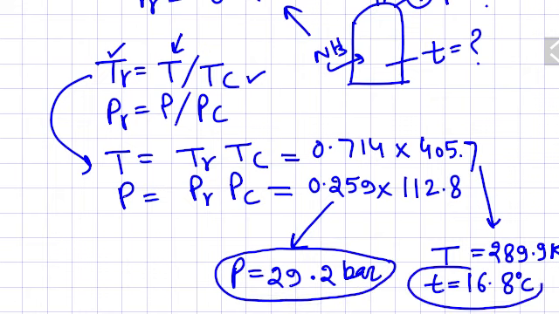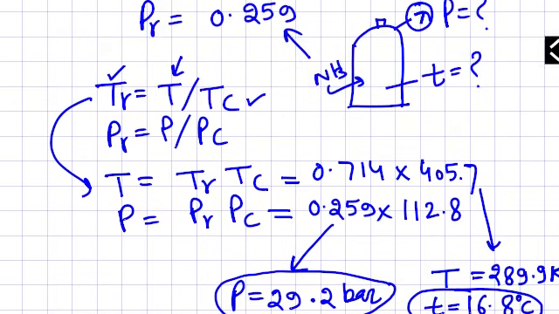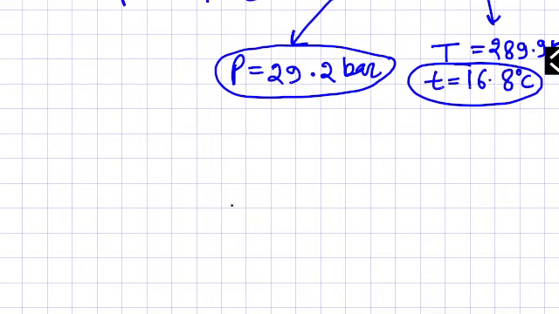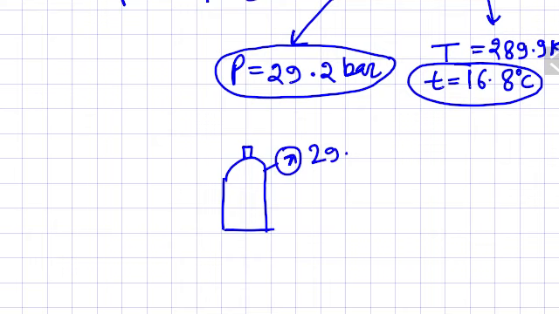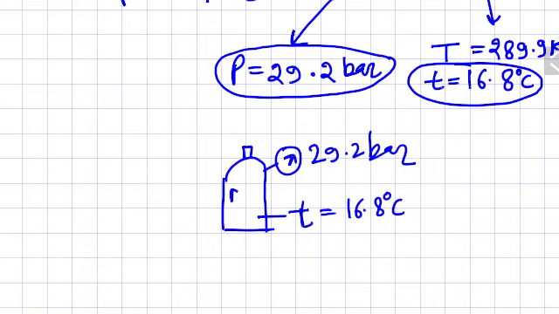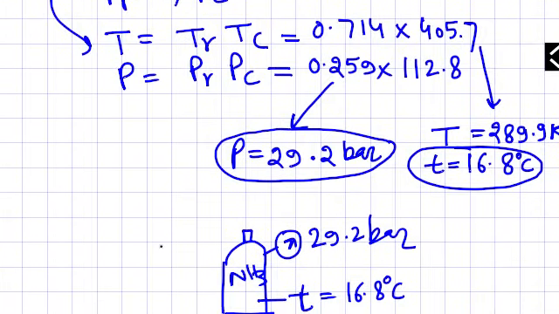I hope you are getting my point. So at this temperature and pressure, if you take ammonia gas, the temperature will be 16.8 degrees centigrade and the pressure 29.2 bar, and it will have this reduced state, this reduced temperature and this reduced pressure.